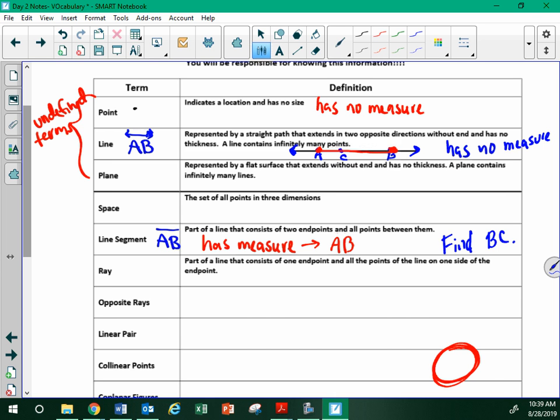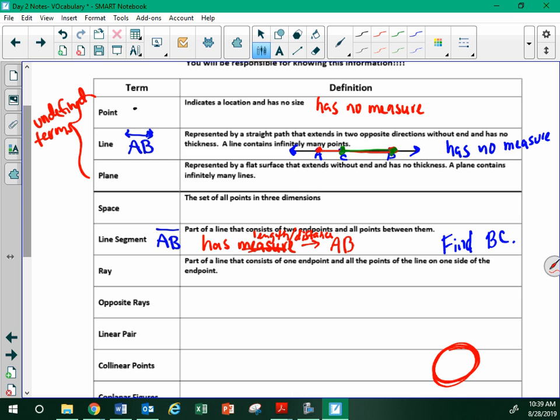What this means is find the measure of BC, find the length of BC, find the distance of BC, which means I would want to know what is the length or the measure of just that chunk there. So this reads as the measure of AB. Some other key words to indicate that: of course we have measure. We could also say length or distance.